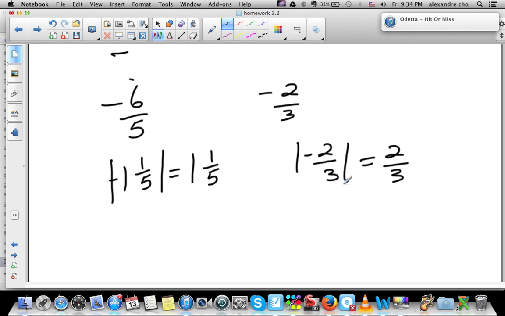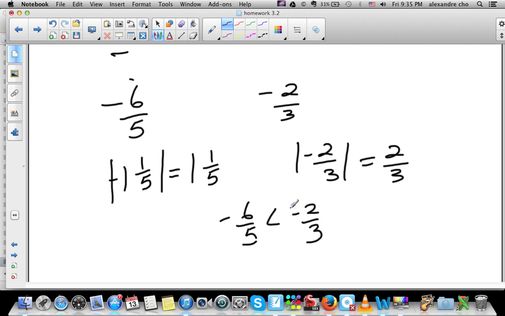He says that whoever has the greater absolute value is the bigger number. Do I agree? So therefore, if he were to write this, he would say that negative 6 over 5 is less than negative 2/3. All right.